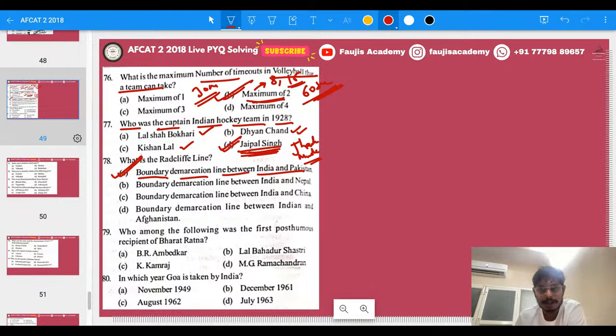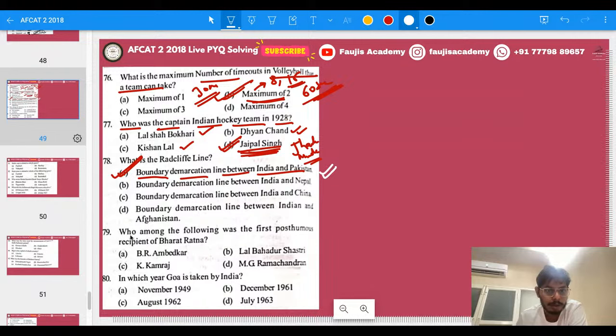This is a very important one. Radcliffe line, Durand line, 38th parallel, 39th parallel, all that stuff you are supposed to know. Search it, because I have forgotten. So the boundary demarcation line between India and Pakistan is the Radcliffe line.